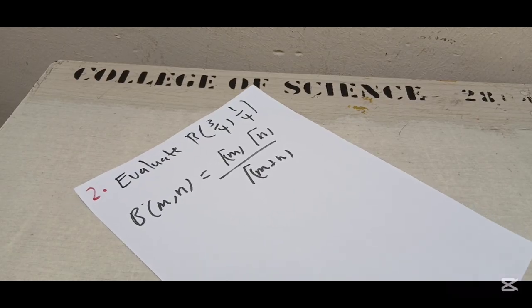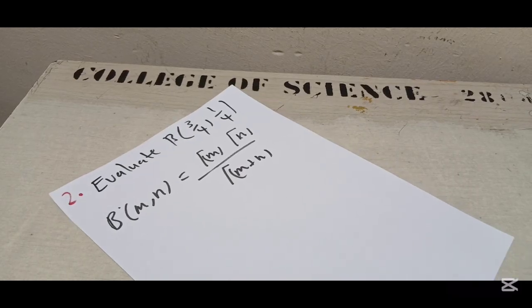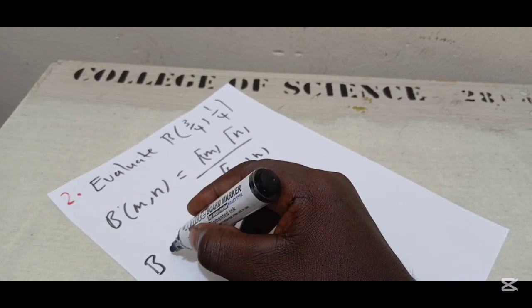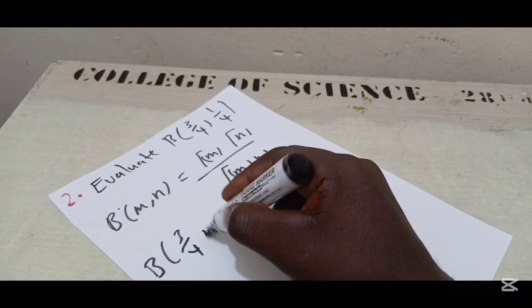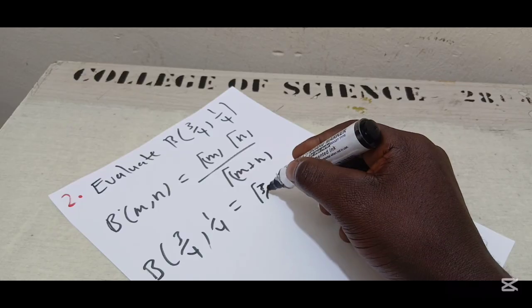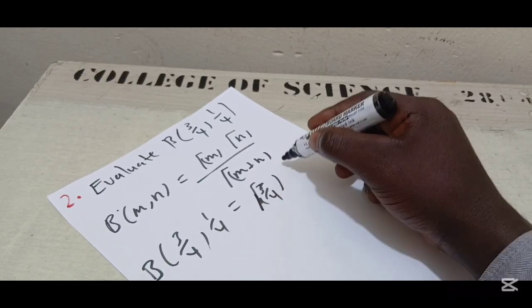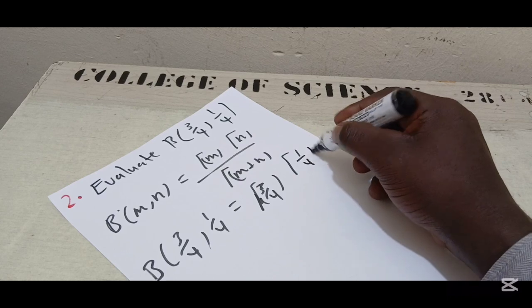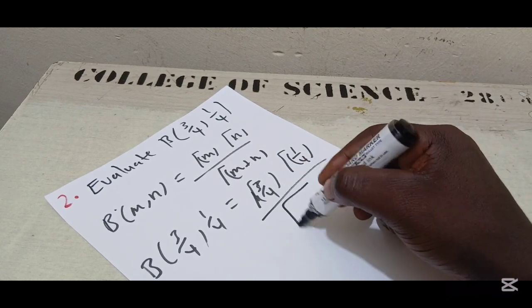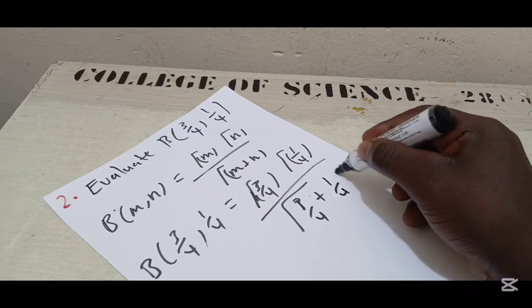But before we do that, let's try substituting values in and see. Beta 3 on 4, 1 on 4 equals gamma 3 on 4, gamma 1 on 4, all over gamma of 3 on 4 plus 1 on 4.